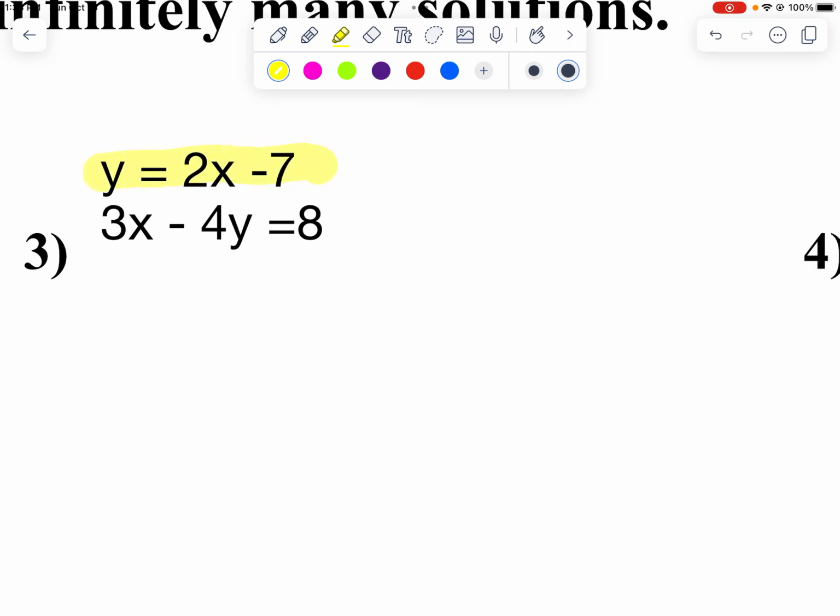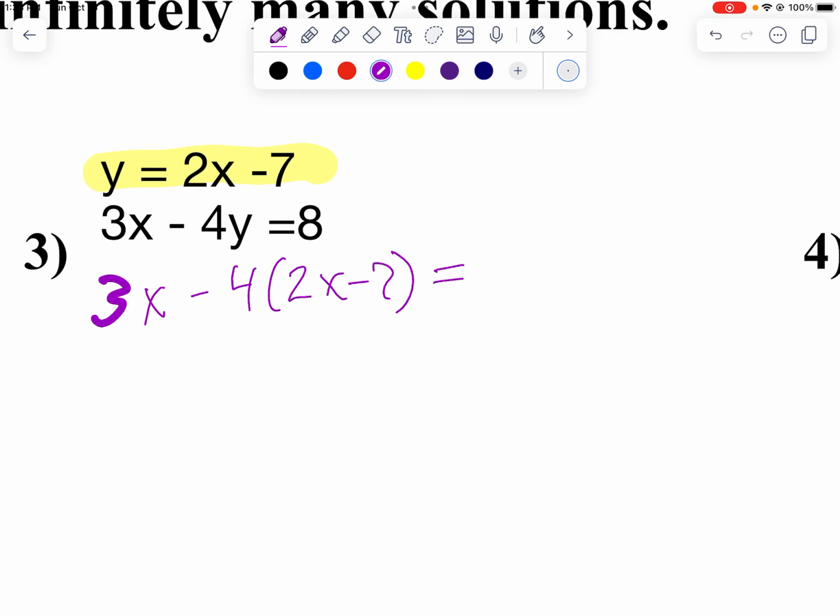Now, on the first one, notice it's set up kind of nice for substitution because y equals 2x minus 7. So in my second equation, instead of writing y, I'm going to go 3x minus 4 times, instead of writing y, 2x minus 7.